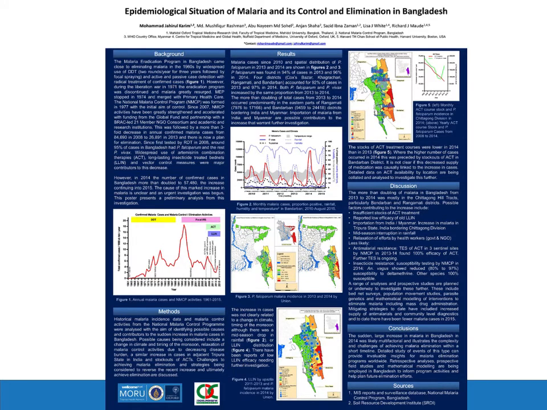This is the poster already presented by Dr. Zahirul Karim at the American Society of Tropical Medicine and Hygiene in the USA. This poster is about the epidemiological situation of malaria and its control and elimination in Bangladesh. I'm one of the co-authors of this paper.